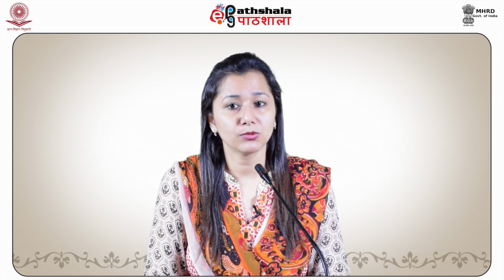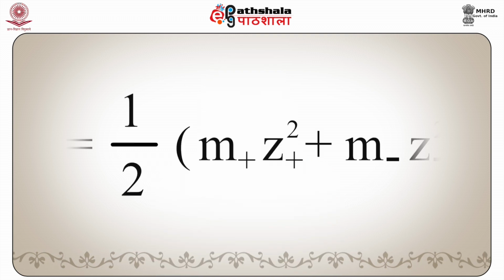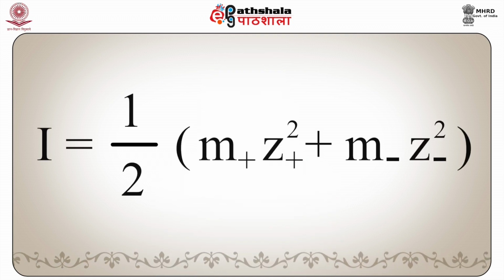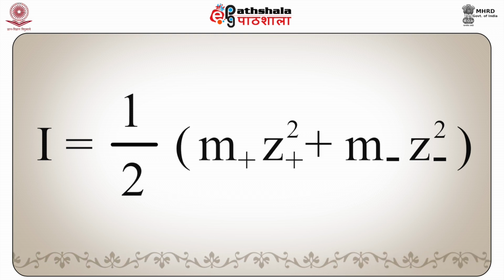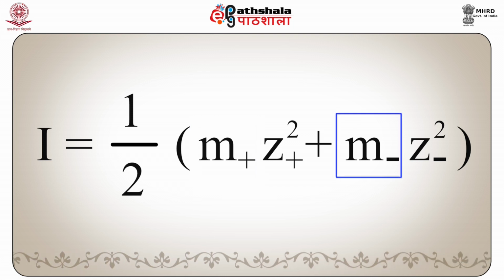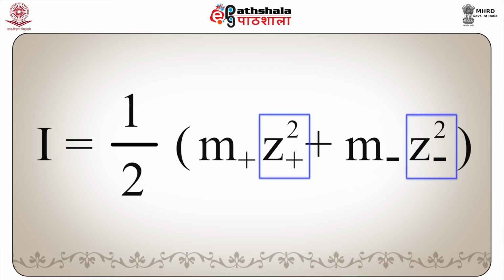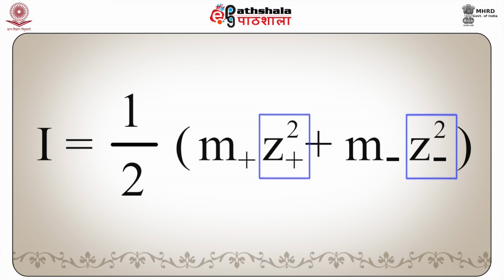For a univalent electrolyte, for example sodium chloride or potassium chloride, the expression for ionic strength will contain only two terms, one for cation and the other for anion. Hence, we have I equals half of M plus Z plus square plus M minus Z minus square, where M plus is the molality of cation and M minus is the molality of anion. Z plus and Z minus are the valencies of the cation and anion respectively.